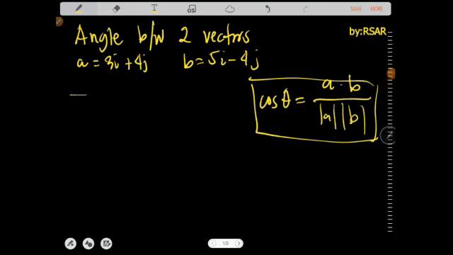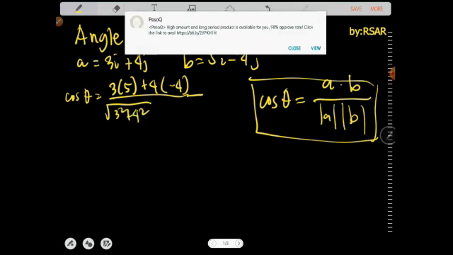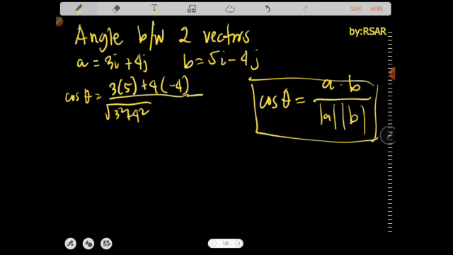So, cosine theta is equals to yung dot product ng A and B is equals to 3 times 5 plus 4 times negative 4 over magnitude of A. Hindi pa natin nahanap. So, gawin na lang natin siya into a square root form. Okay? Square root of 3 squared plus 4 squared times square root of 5 squared plus 4 squared.